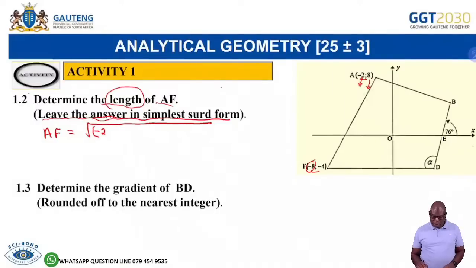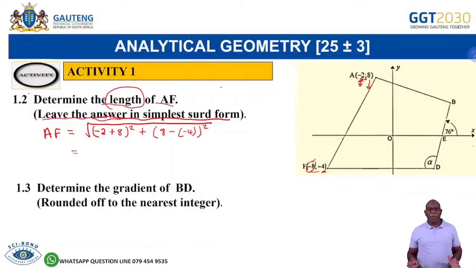So minus for the formula and minus for the minus 8 will give us 8 plus 8. We square that. Then we have plus. So the y, it's 8. I don't start with this one because here I started, the x was minus 2. So the y now, it's 8 minus minus 4, all squared.